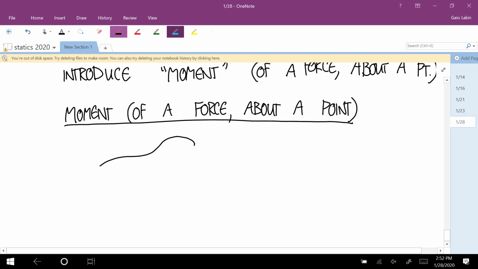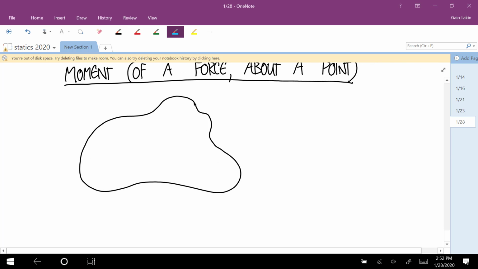And say that you have this arbitrary object. So here's some body, and this can be in 2D or 3D. And let's say that here at this point P, a force F is applied.